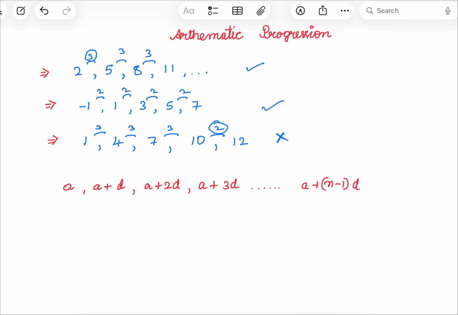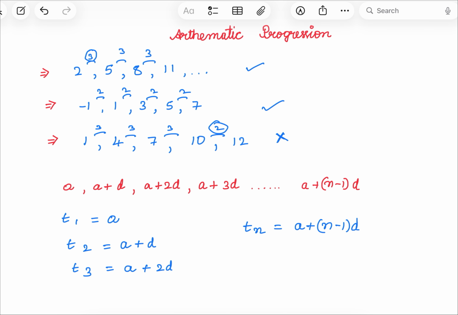Here, T1 equal to A, T2 equal to A plus D, T3 equal to A plus 2D, and so on, and Tn equal to A plus n minus 1 into D. Here we have to observe one thing.